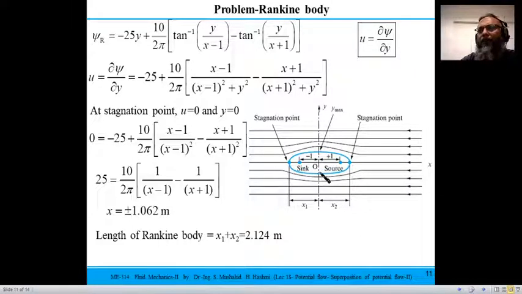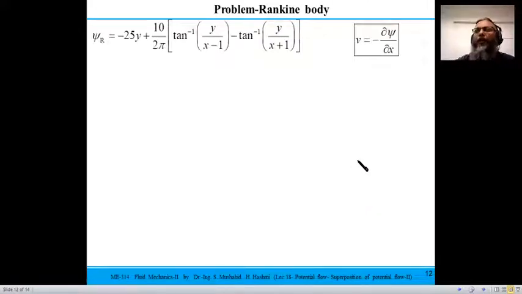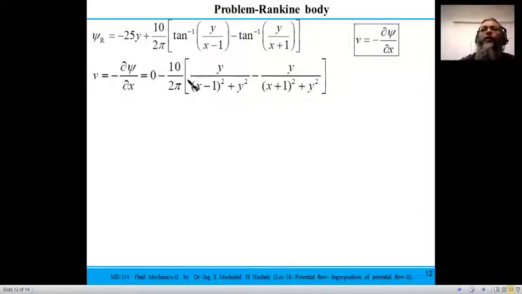As the width y is changing, there will be a certain maximum value of y. So you need the y component of the velocity, and the y component of the velocity is minus partial psi by partial x. So differentiate with respect to x. If you differentiate psi with respect to x, then the 25y term acts as a constant, so the derivative of a constant would be 0 here.